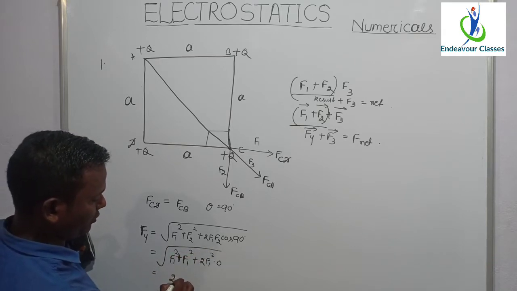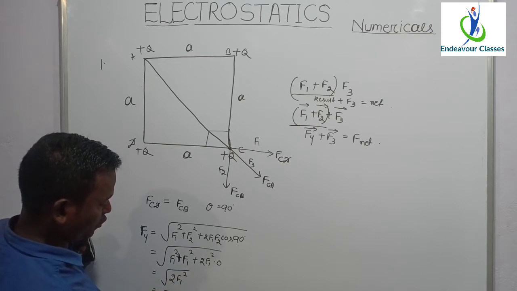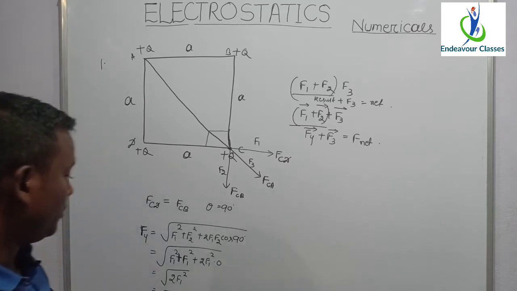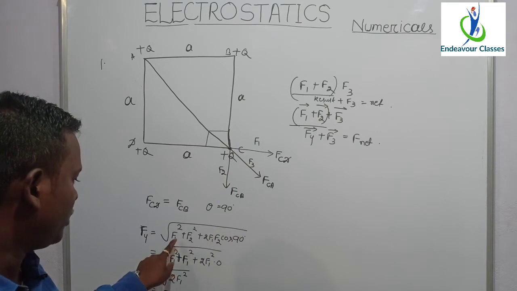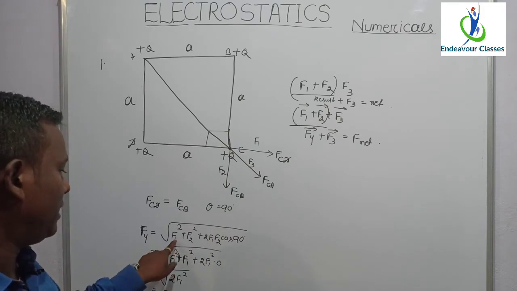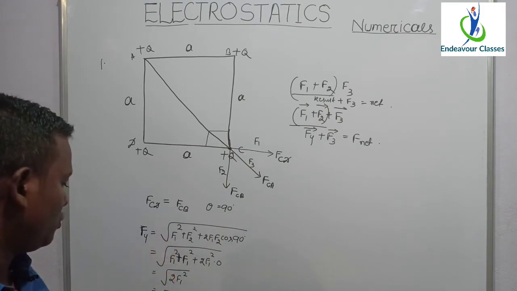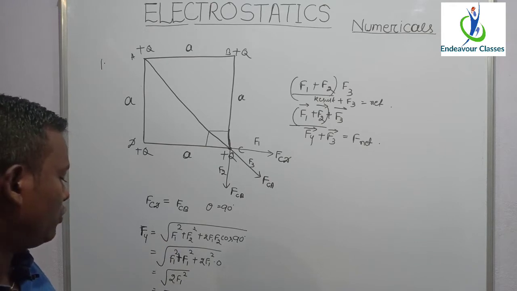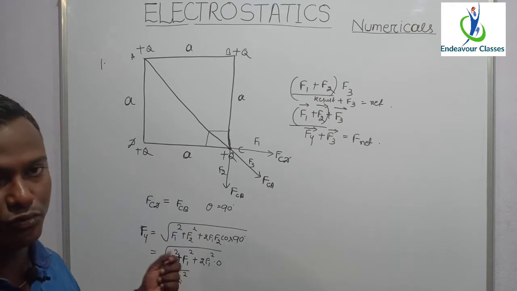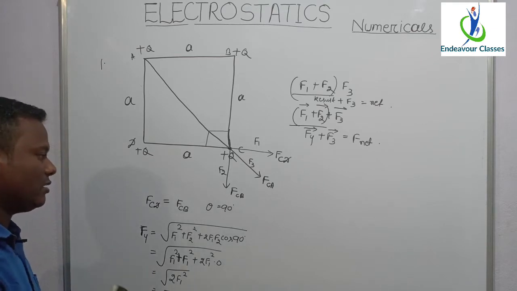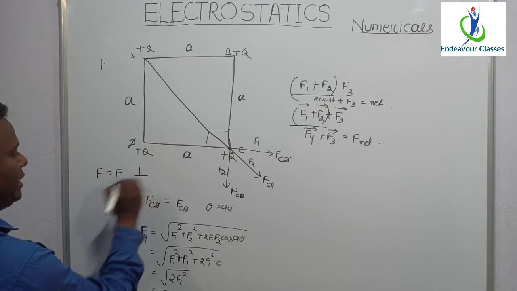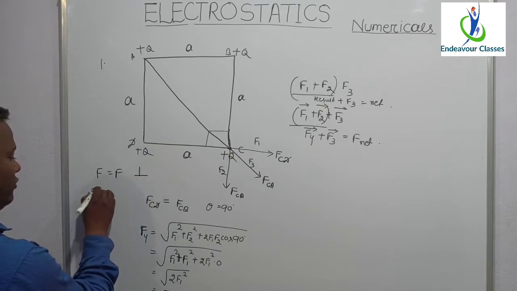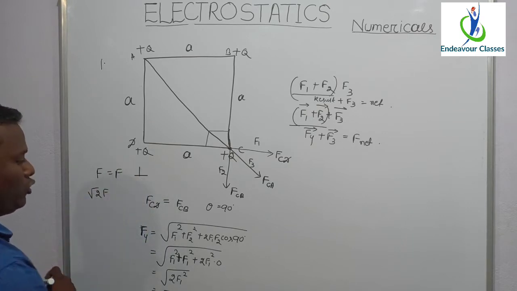So it will be the root of 2F1 square, that is root 2 F1. That means it will be root 2 times either of the two forces. We could have replaced F1 by F2 as well and got root 2 F2. So if two equal forces are perpendicular to each other, then the magnitude of the resultant will be root 2 F.